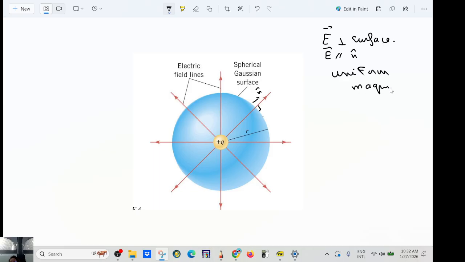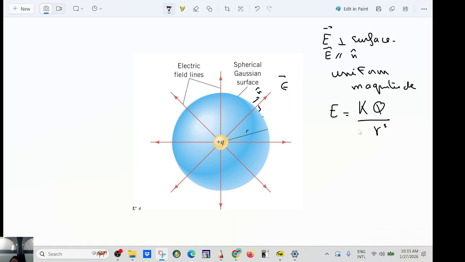So the magnitude of the electric field here does not change because it only depends on the distance r. At a distance r from the source, the electric field is kq over r squared. So it depends on q and it depends on the distance.